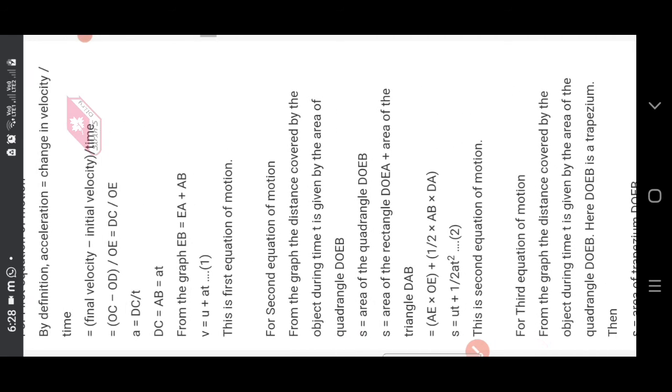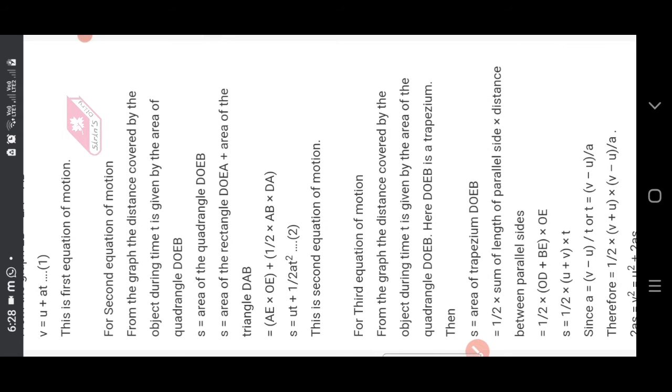So acceleration a equal to DC by t. DC equal to AB equal to at. From the graph EB equal to EA plus AB. So v equal to u plus at. This is the first equation of motion.